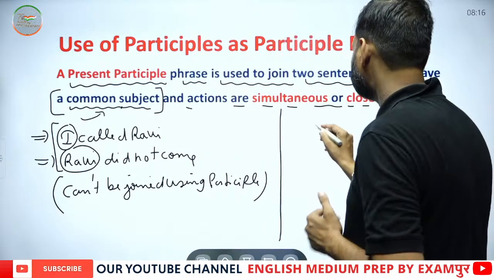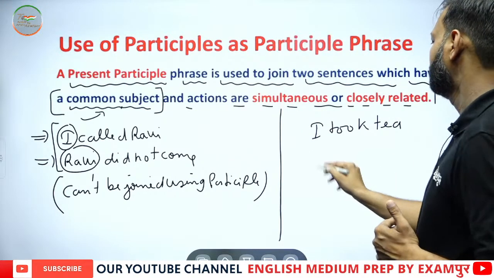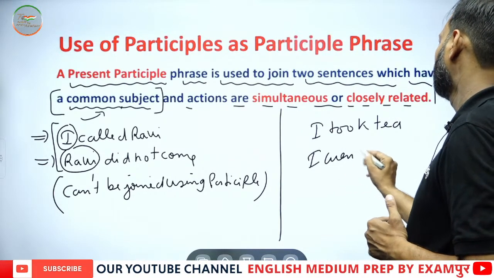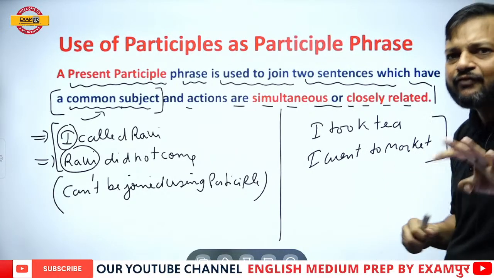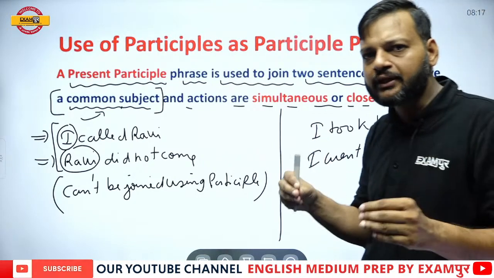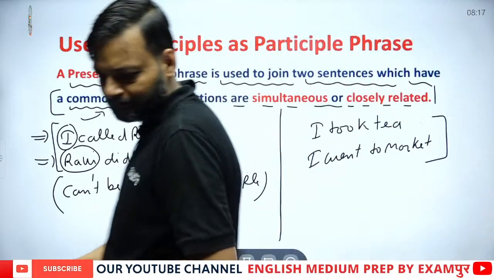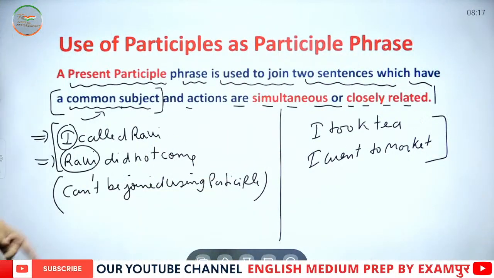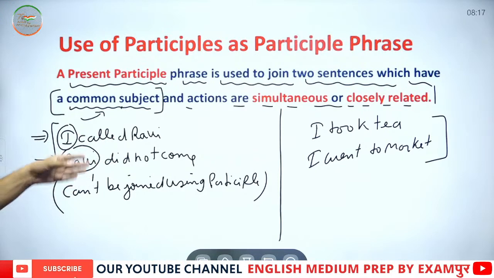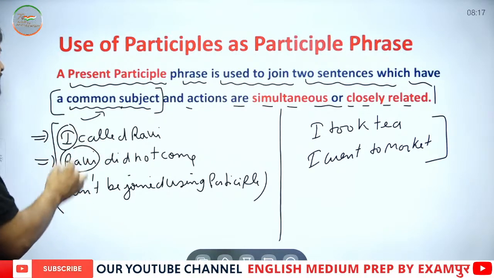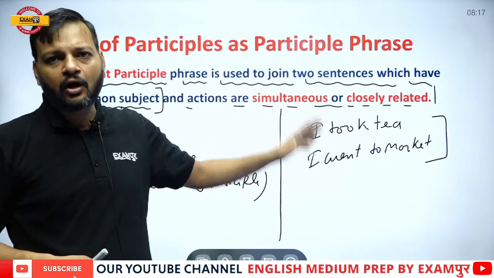Now, I took tea, I went to market. Now tell me, can we join these two sentences using a present participle? The previous two sentences could not be joined because they had different subjects, but these two sentences have a common subject.